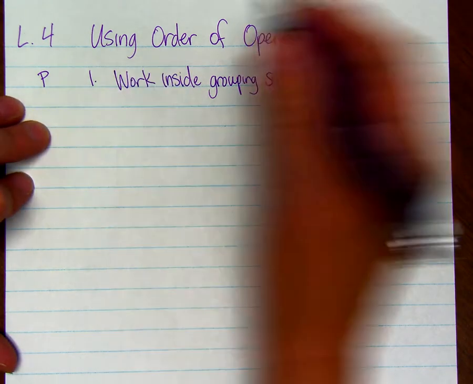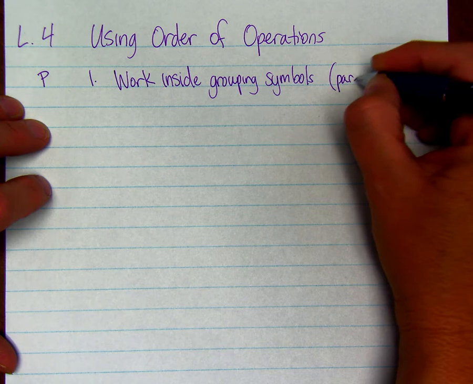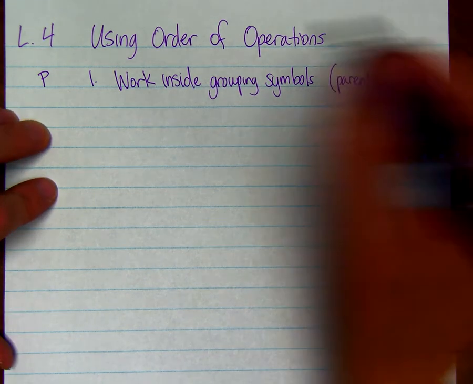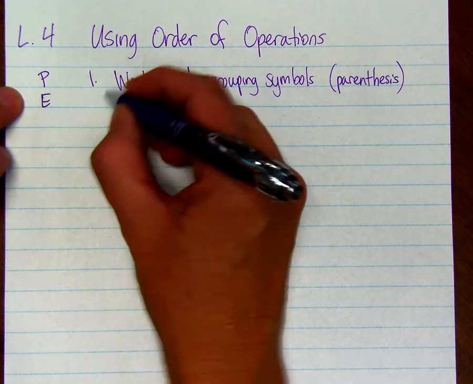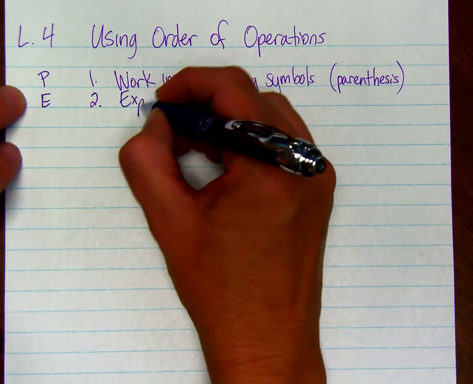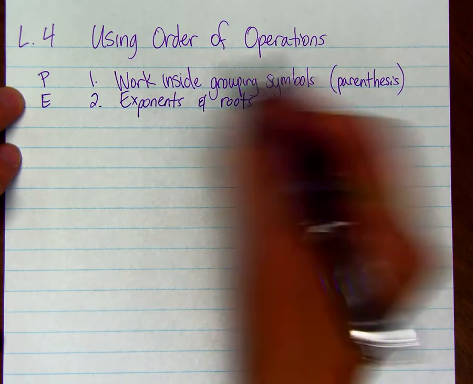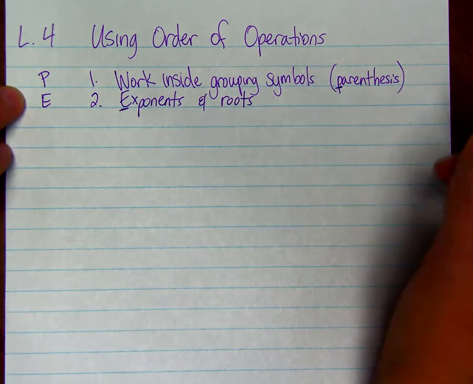And the P stands for parentheses. Then we have an E, and this is when we do exponents and roots. So the E stands for exponents.